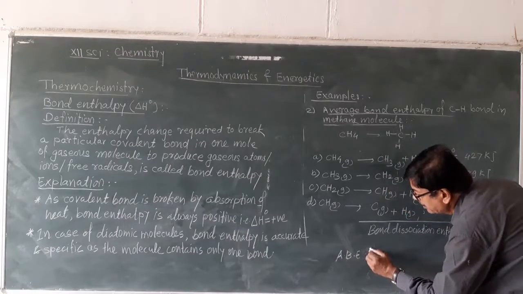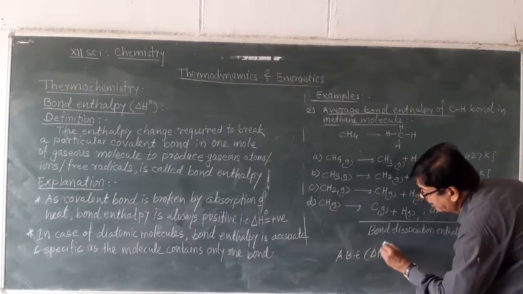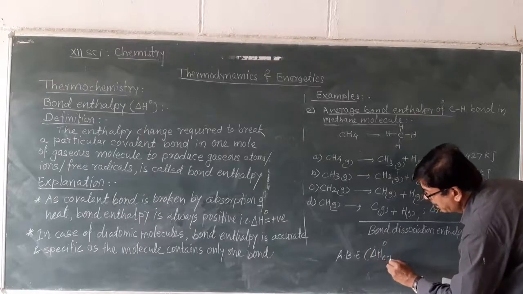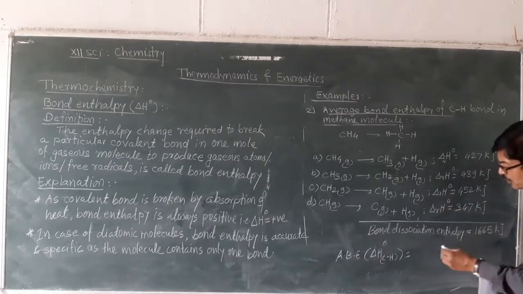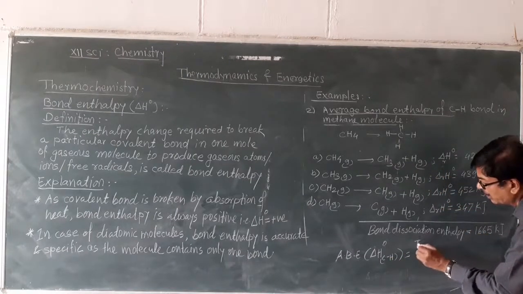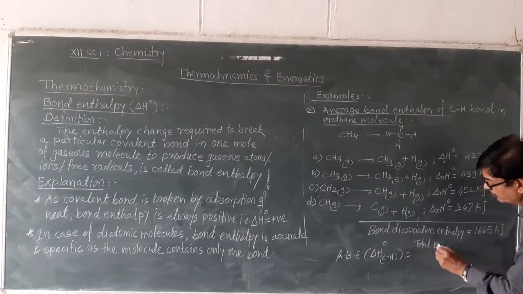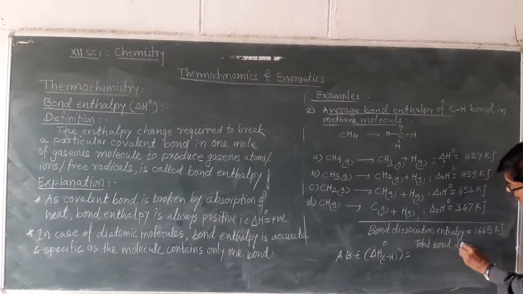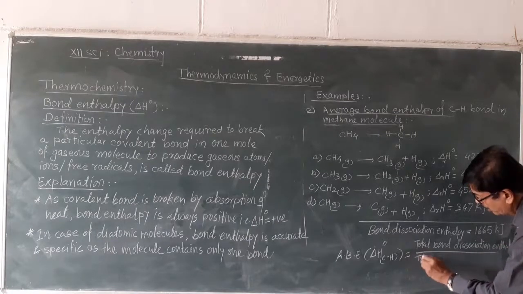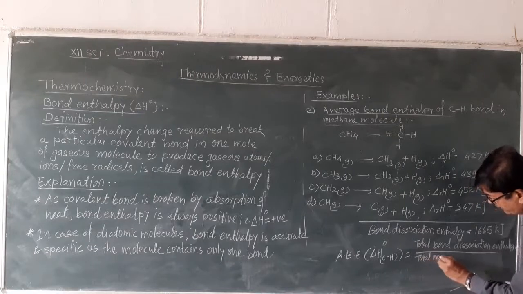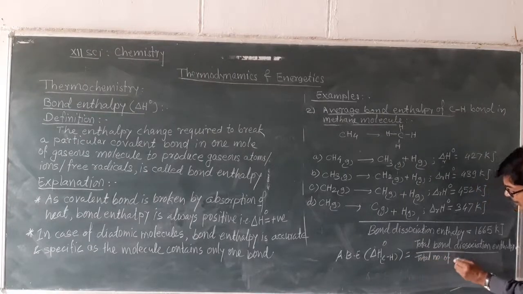that means delta H naught C-H, is given by the ratio of total bond dissociation enthalpy divided by total number of bonds broken.